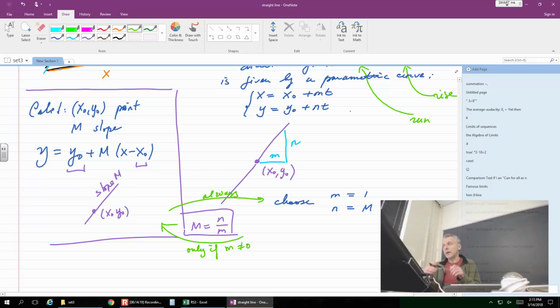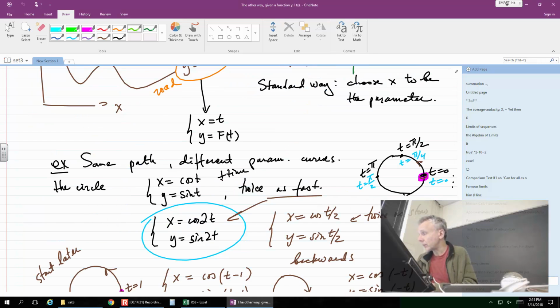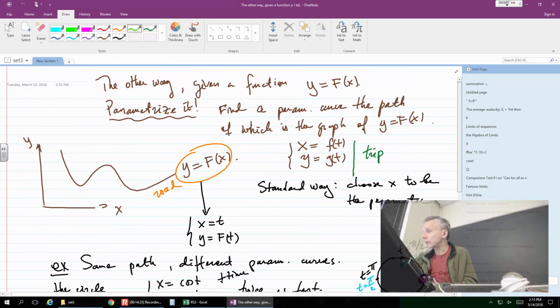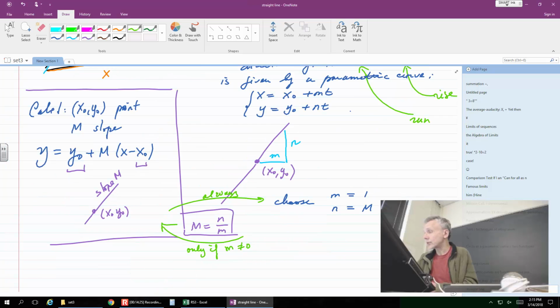The example I had last time was the cubic root function, a totally fine looking function, but not differentiable over here because the derivative is infinite. From the point of view of a parametric curve, there is no trouble whatsoever. That's how you utilize parametric curves to expand your abilities to study curves.